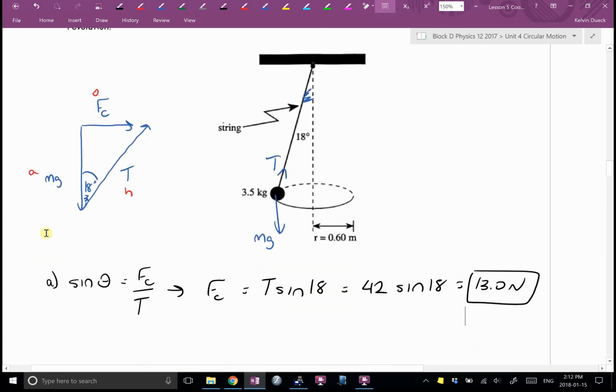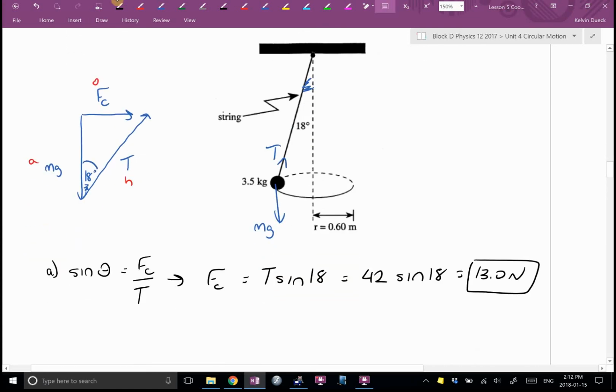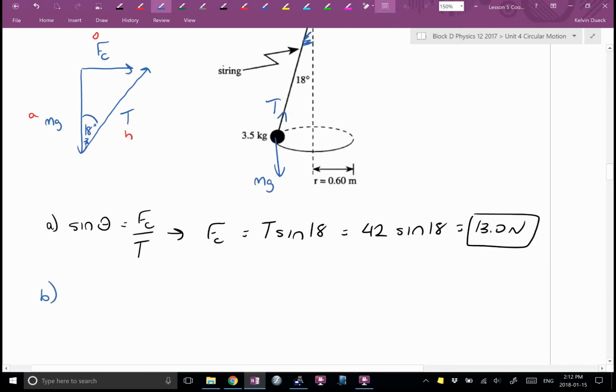B, what's the period of revolution? Okay. Let's start out with the same starting point. Let's use tension again, but instead of Fc, let's write m4 pi squared r over T squared equals T sine.